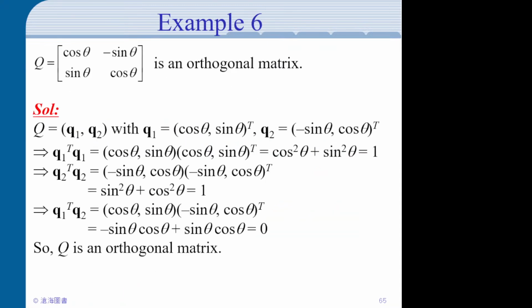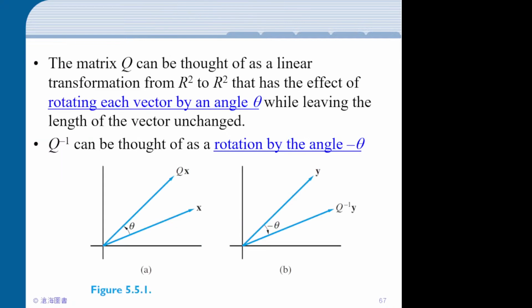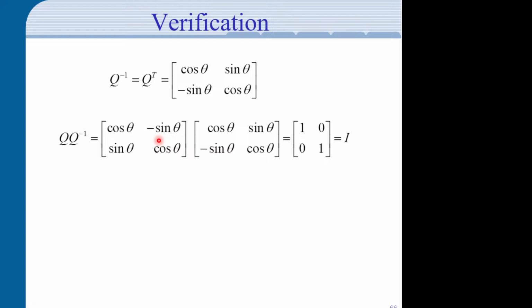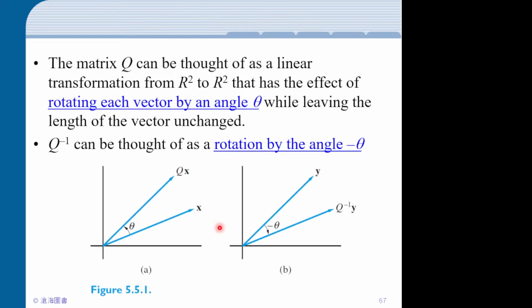Anyway, this matrix is kind of nice. You should remember it because it has a very geometric interpretation in R^2. It's a rotation matrix, and theta is the angle by which this matrix rotates. What this matrix does is rotate a vector in R^2 by angle theta, with respect to the original.